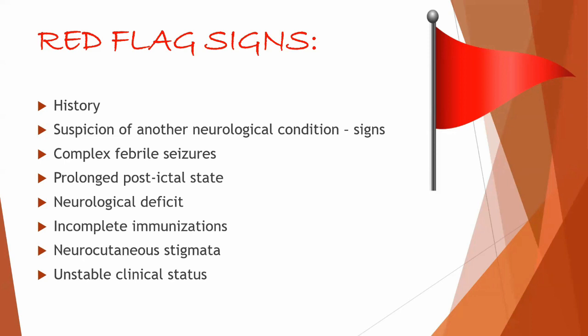If there is any suspicion of another neurological condition, so if they have lethargy, irritability, loss of appetite, vomiting, then on clinical examination, a stiff neck, photophobia, a depressed level of consciousness, any focal neurological signs, a bulging or tense fontanelle, or in slightly older children, a positive Brudzinski or Kernig sign.